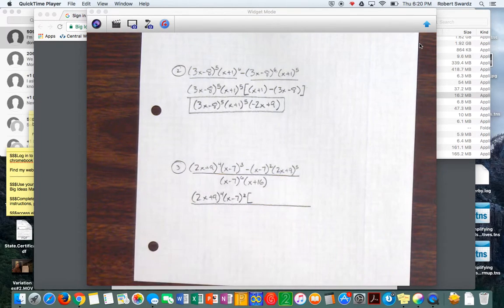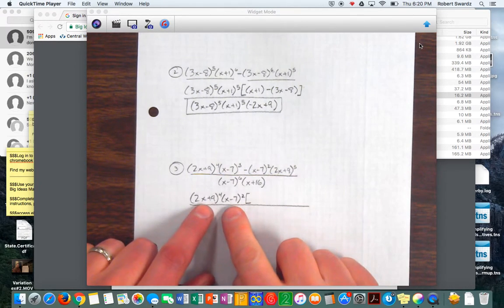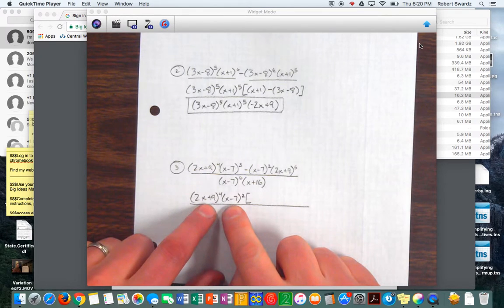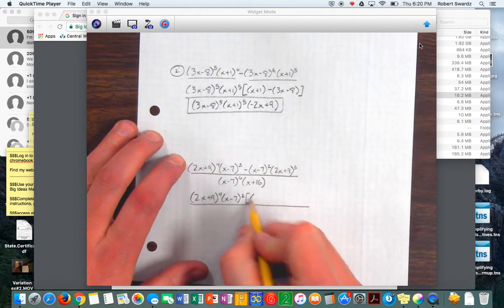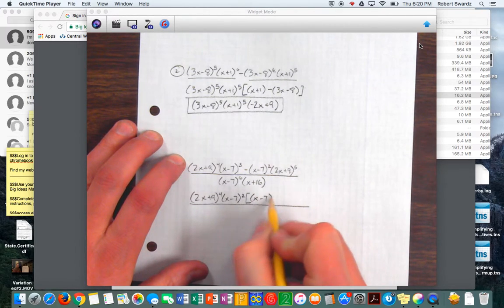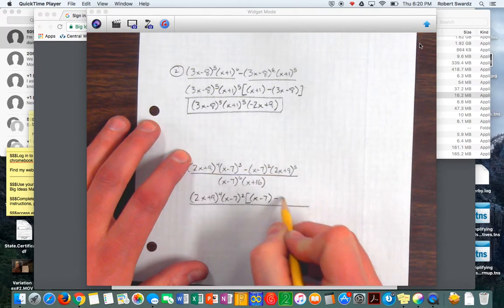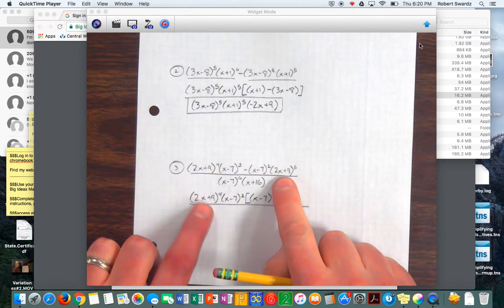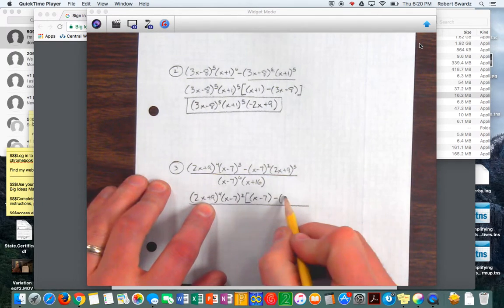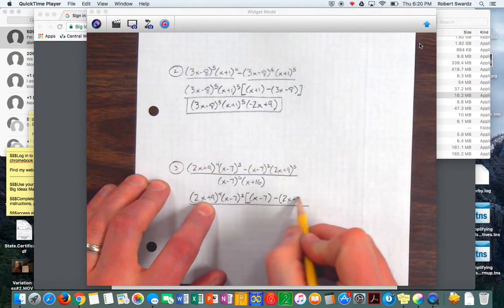So let's see what we have left. We took out 4 2x plus 9s. Those are gone. We took out 2 of those x minus 7s, leaving us with 1 left. There's a minus there, so minus. Took out 4 2x plus 9s, so that leaves us with 1 up here. 2x plus 9.